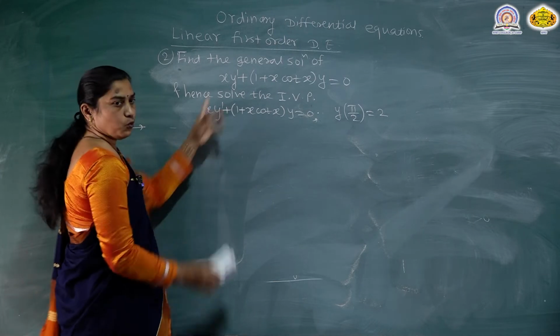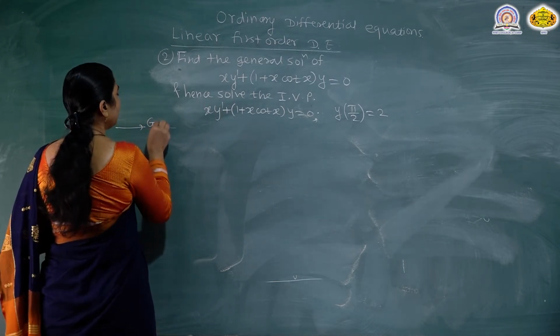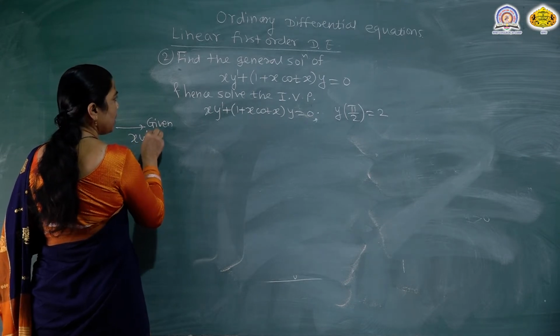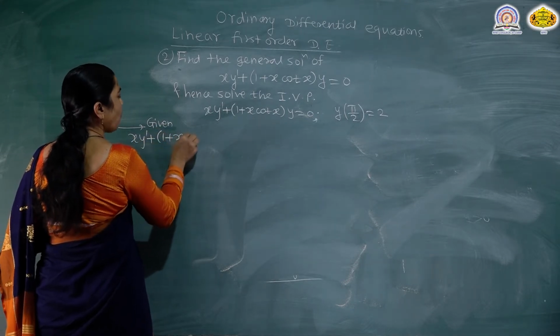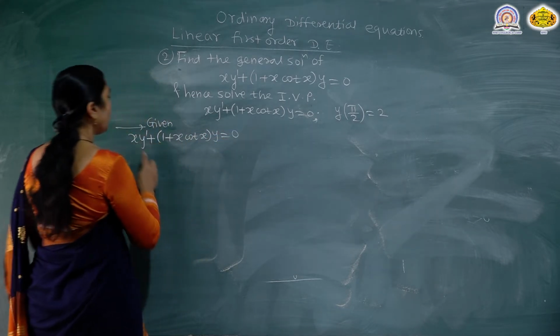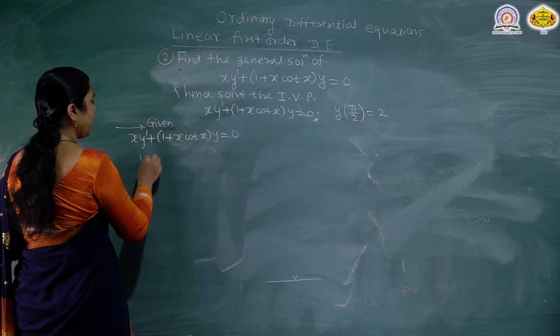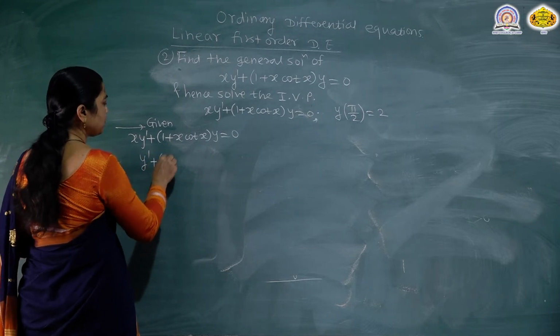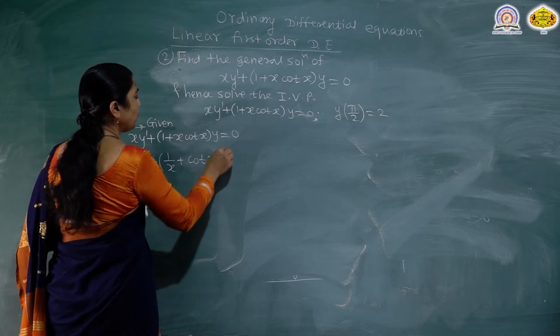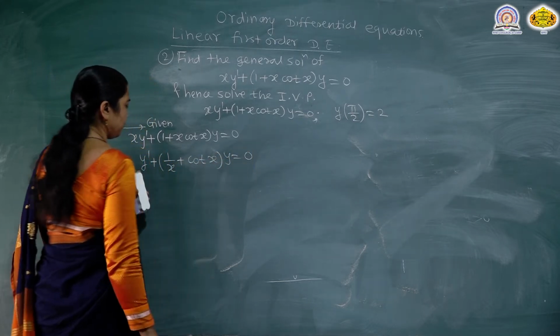So, consider the solution. The given equation is x y dash plus 1 plus x cot x y equal to 0, or dividing by x, we get y dash plus 1 upon x plus cot x into y is equal to 0.